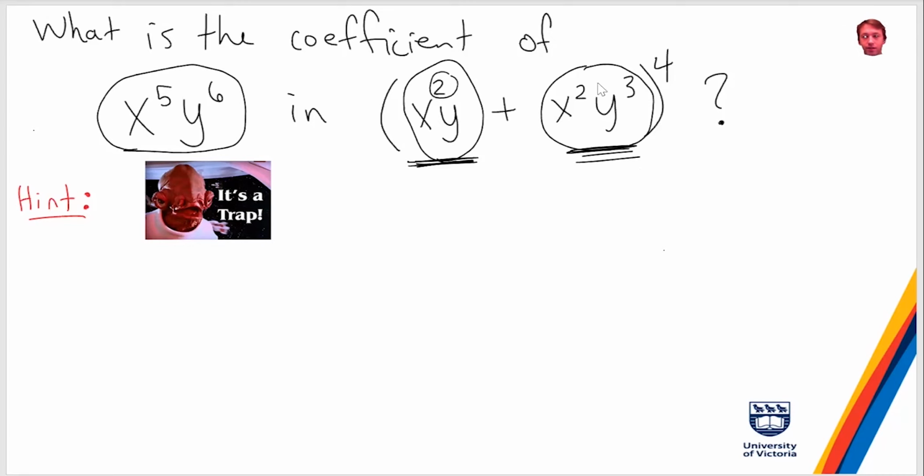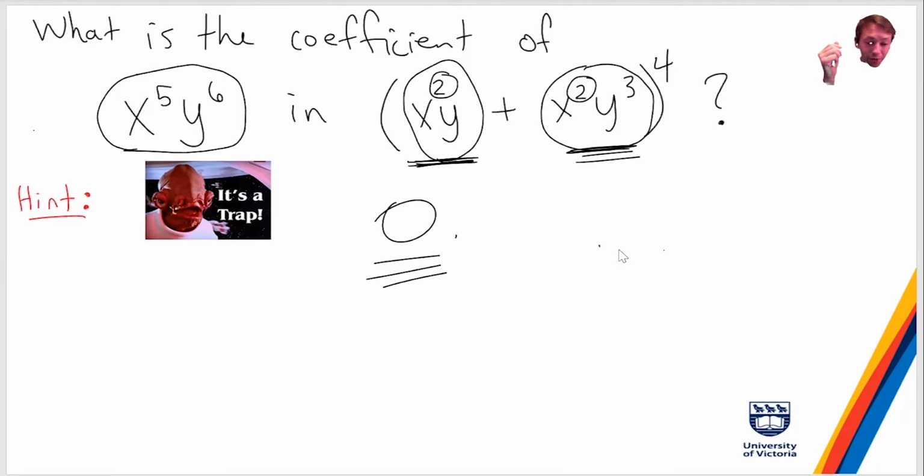You're going to get products of several of these with several of those. And no matter what you do, you'll never get an exponent of 5 on the x. So here you can immediately, just noticing this, write 0.